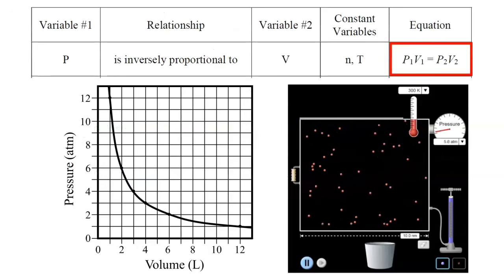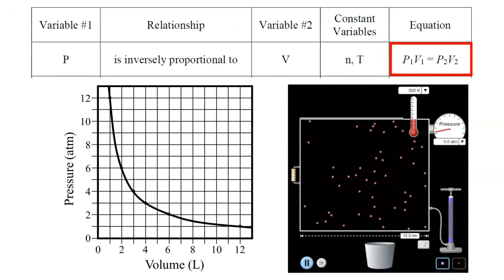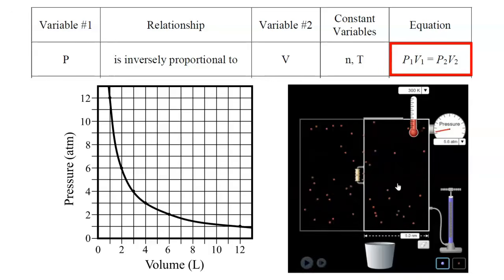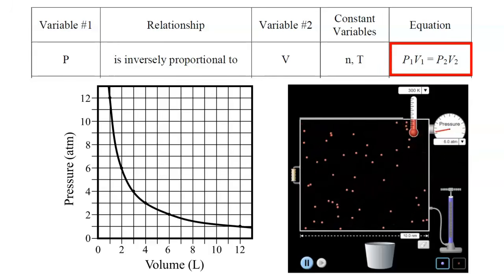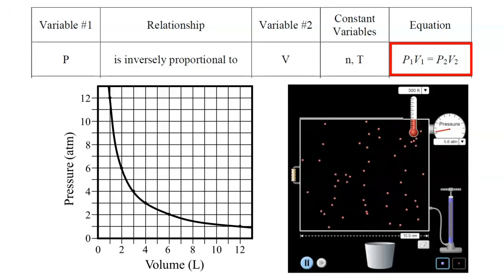What we're going to need to do is to use that equation that is highlighted in the top right corner of this slide, and that is P1 times V1 equals P2 times V2. That mathematical relationship represents the inverse relationship between pressure and volume.